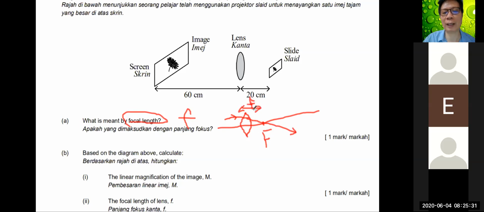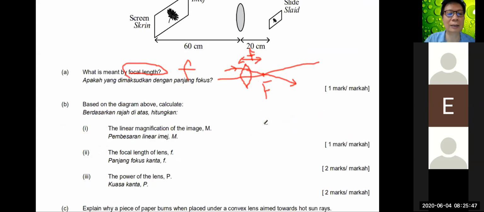Very hard for me to write now. Use mouse. So focal length is here, distance between the lens and the focal point. Focal point is a point where all the light go through. Okay, understand? Idris Young, understand? Yes, sir. Okay, next one.